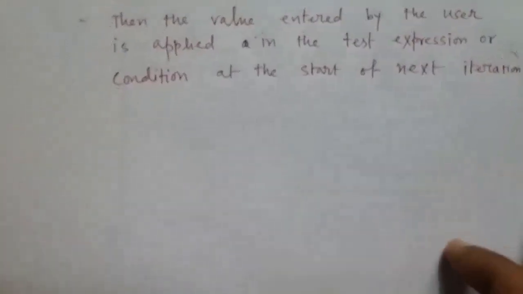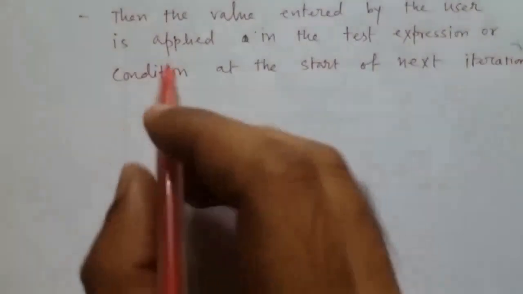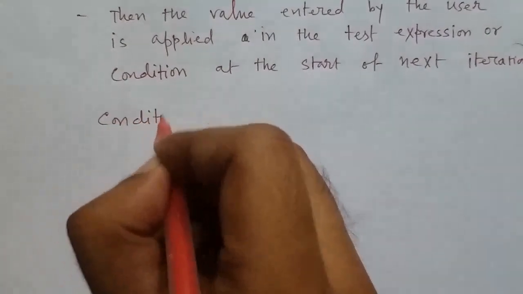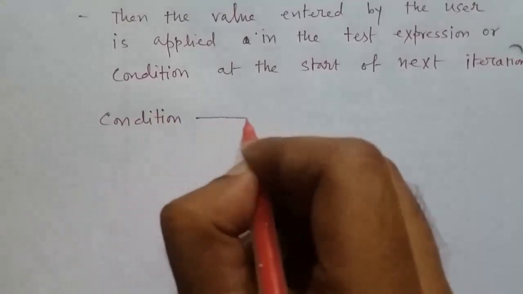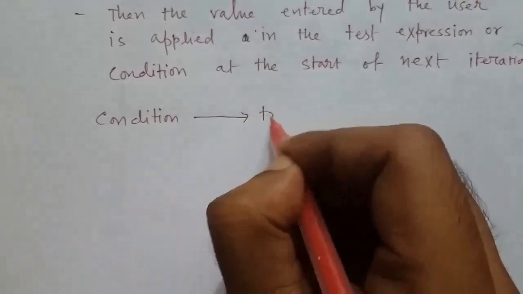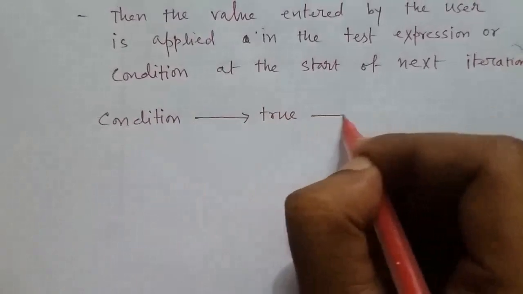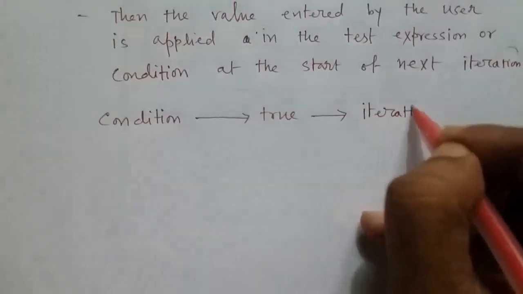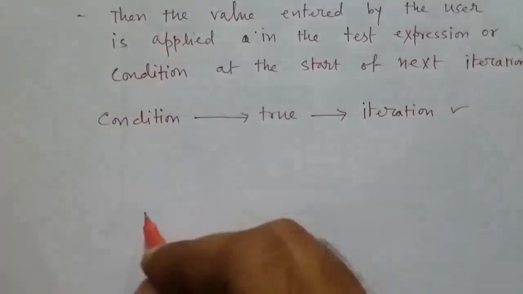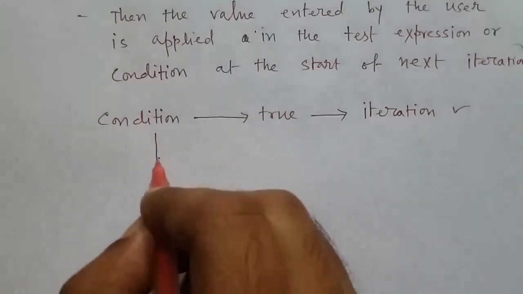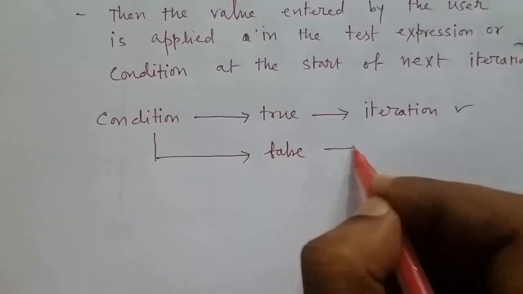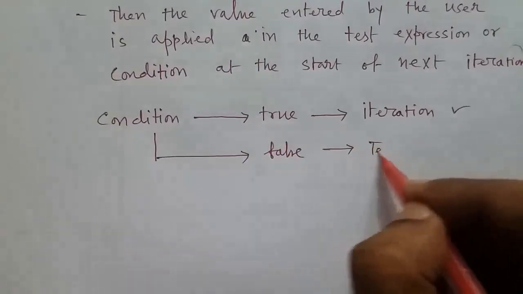And if that condition evaluates to be true, then the next iteration is performed, and if the condition evaluates to be false, then the loop is terminated.